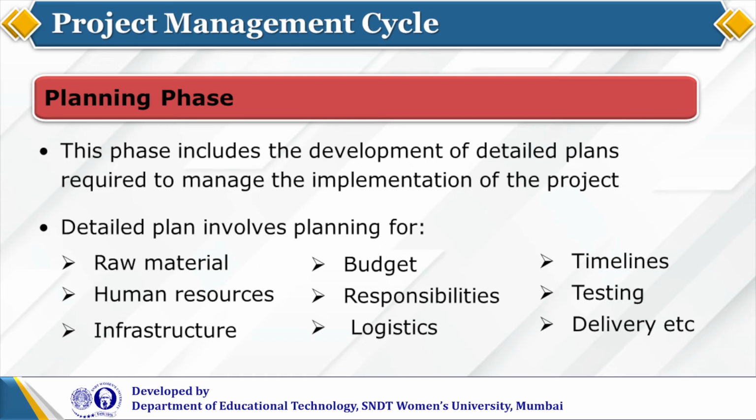All this is known as development of a detailed plan. A detailed plan is built for raw material, for skilled workers, for everything required to complete the project. And this is what we call the planning phase.